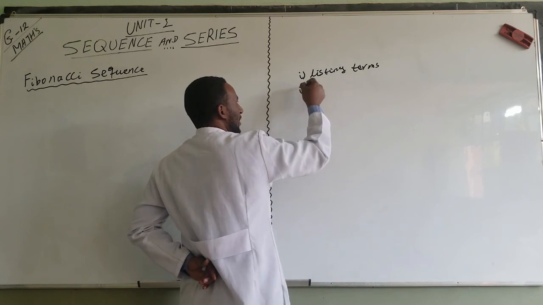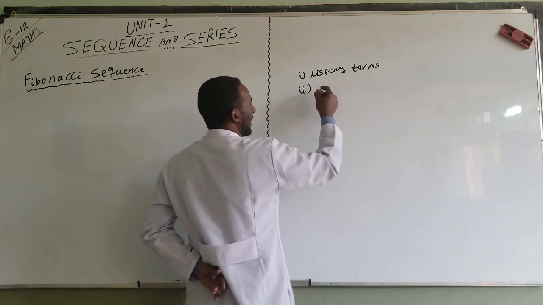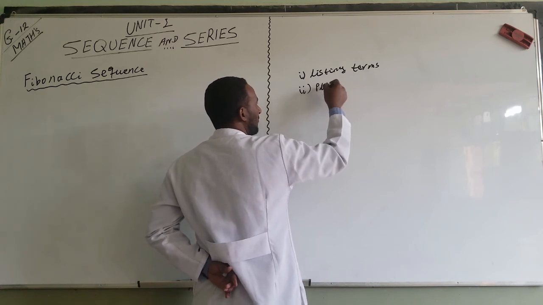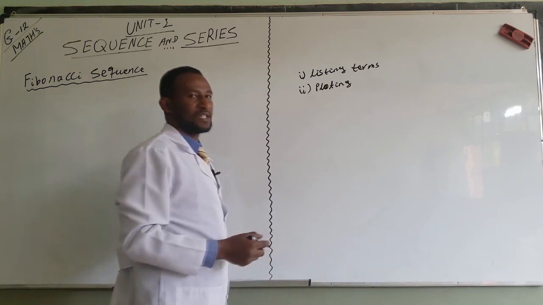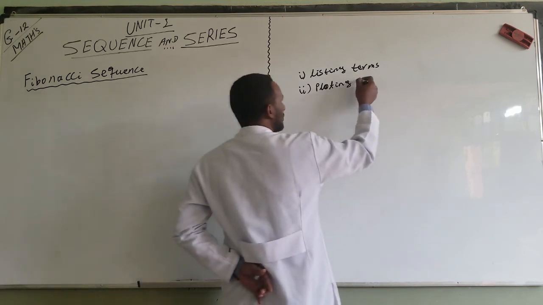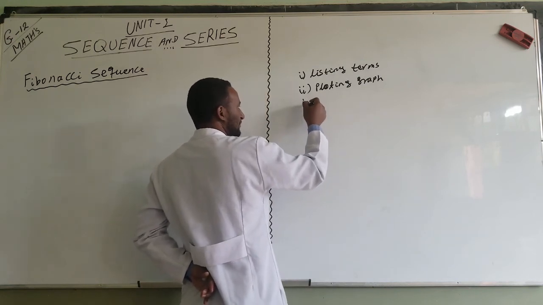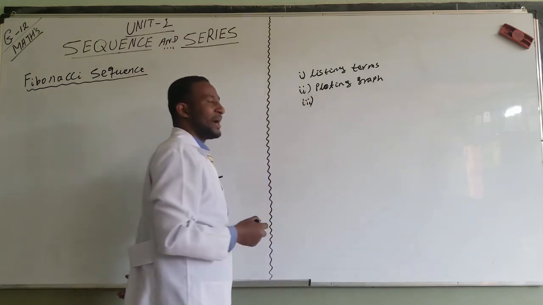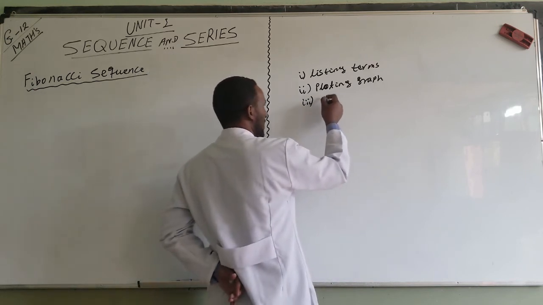The other way of describing a sequence is by plotting or drawing a graph of the sequence.